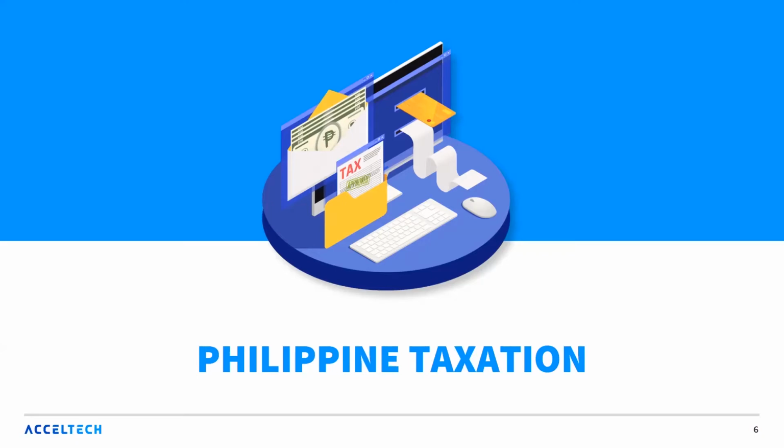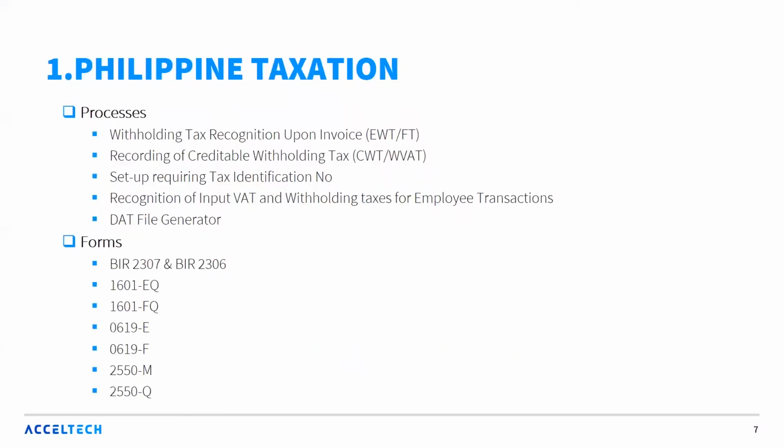So we have here enumerated and categorized the feature sets included in the Philippine Taxation module. We have incorporated or made enhancements in the existing processes of Acumatica. We also have created automatically generated BIR forms.